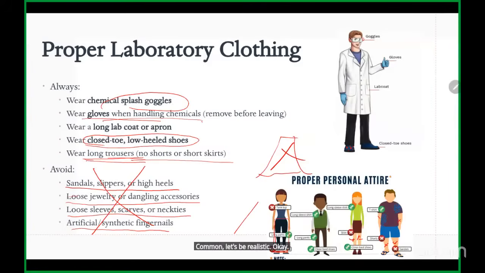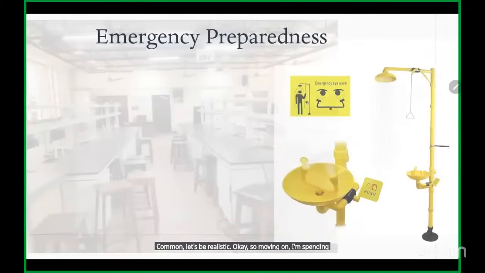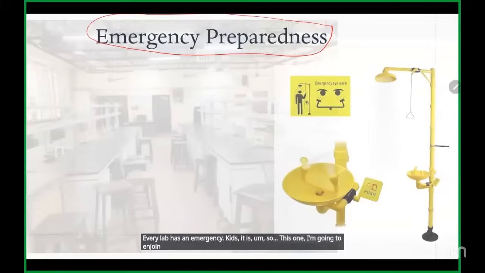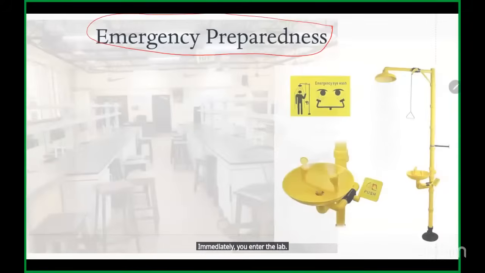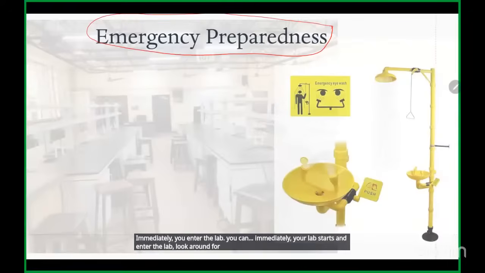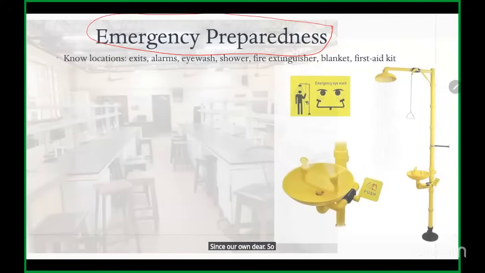Okay, so moving on, I'm spending too much time. Every lab has an emergency kit. Immediately you enter the lab, look around for those little emergency things around you. One of them is knowing the exits. Anything can happen.